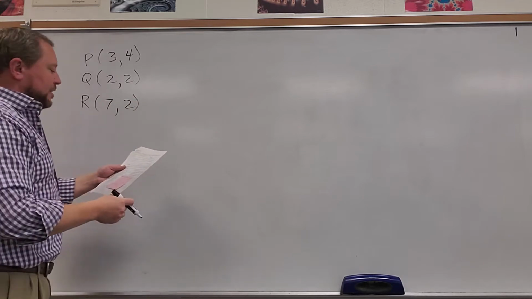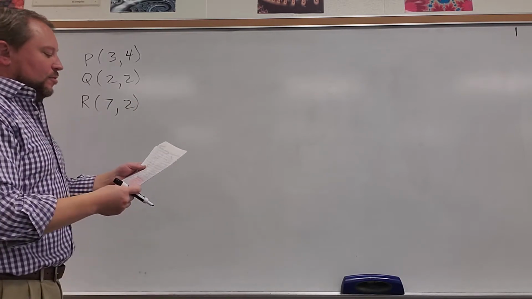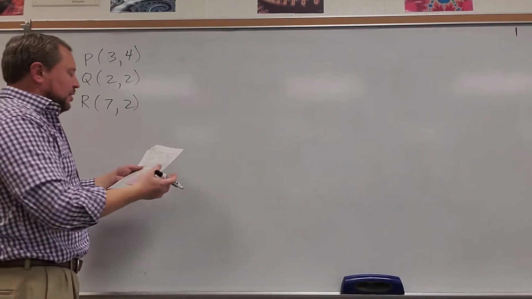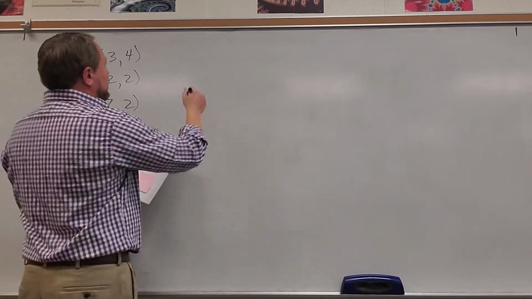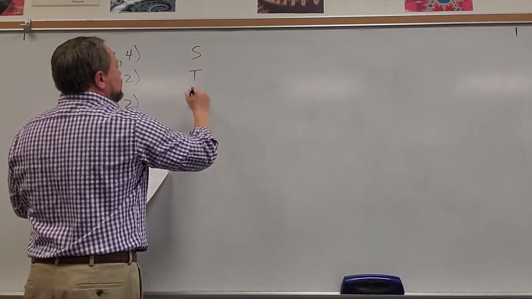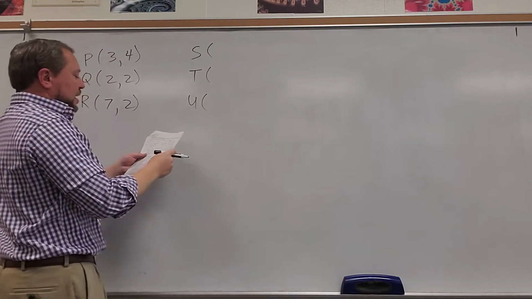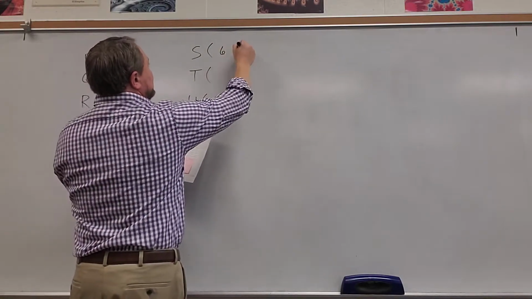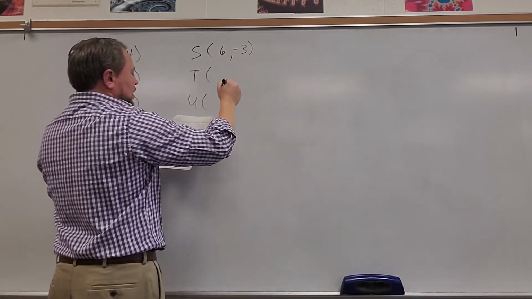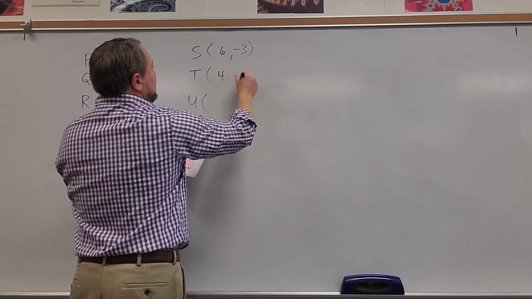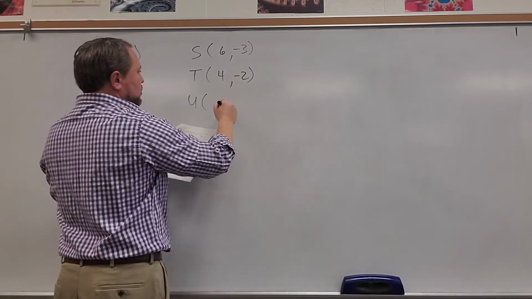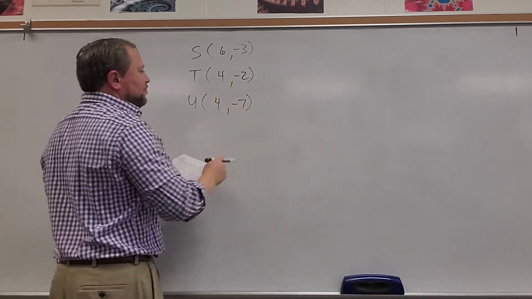And then a second set of coordinates for another triangle, and that triangle is going to be called STU. Let's say that S is given to you as 6, -3, T is 4, -2, and U is 4, -7.